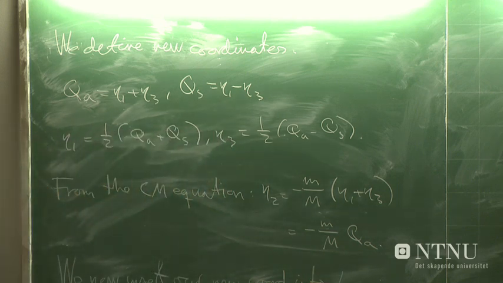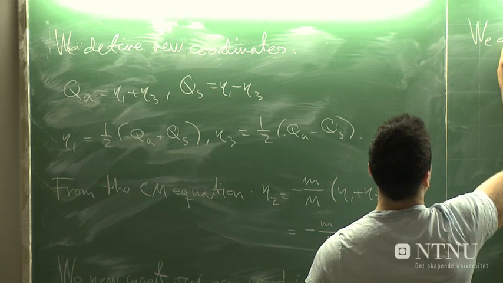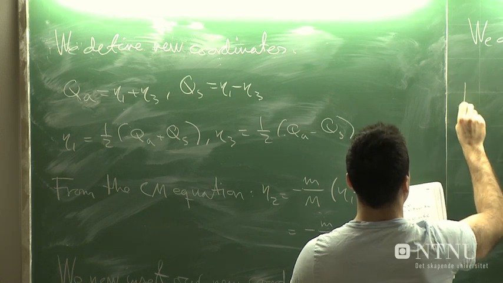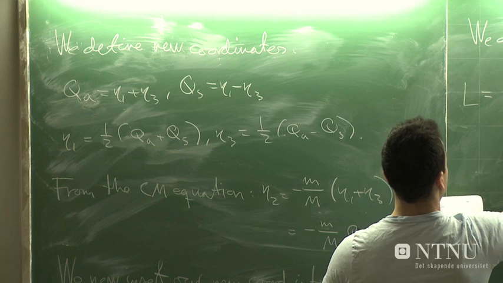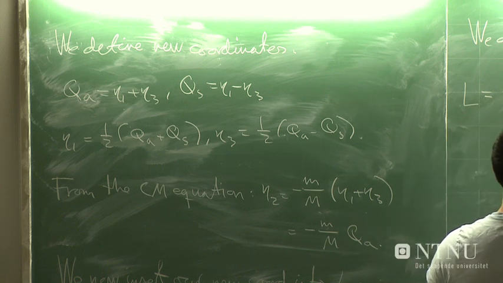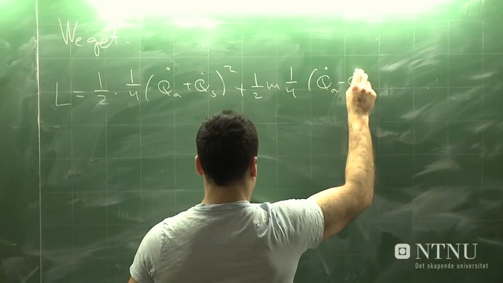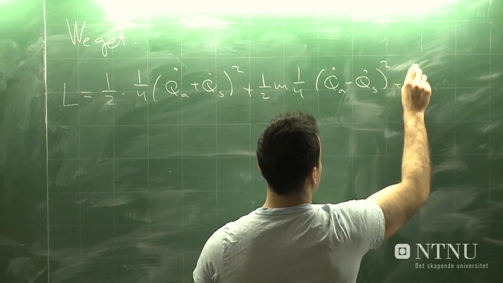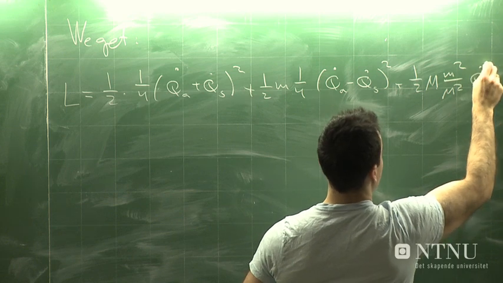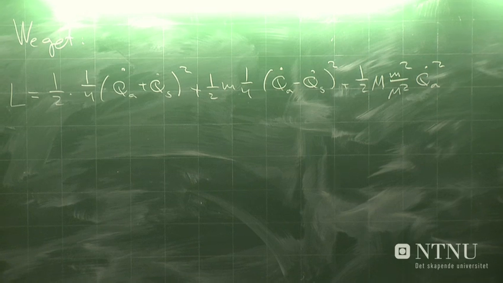So let's now exchange all of the etas in our Lagrangian with these new coordinates. That should be the kinetic energy part, where I've substituted for eta 1, eta 3, and eta 2.